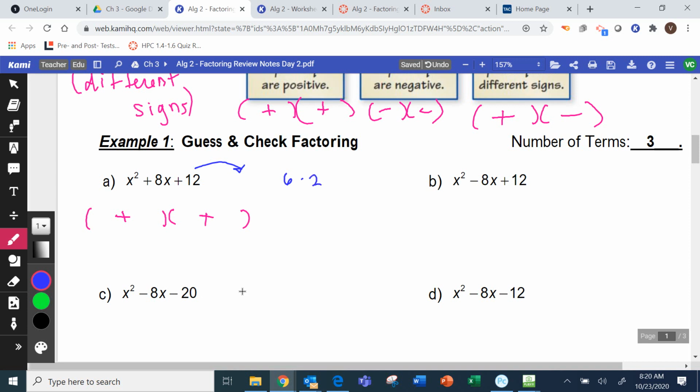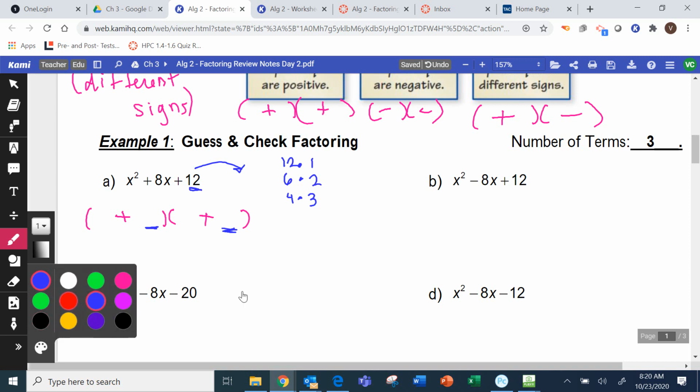What else? 4 times 3? What else? 12 times 1? So those are my possibilities for making 12. What we multiply together to give us 12 are these numbers.